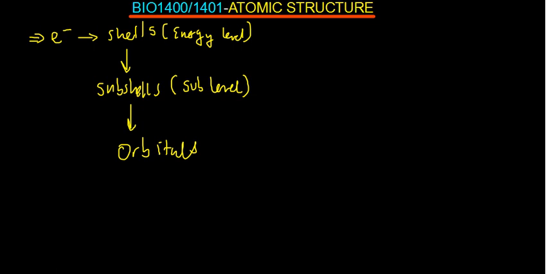Okay. So I'm saying an orbital is a space around the nucleus of an atom where the probability of finding an electron is maximum. You can trust me on this one. Let's say you follow your friend at the house.